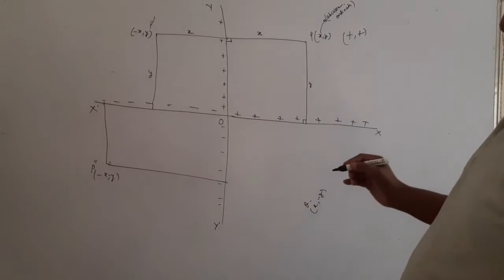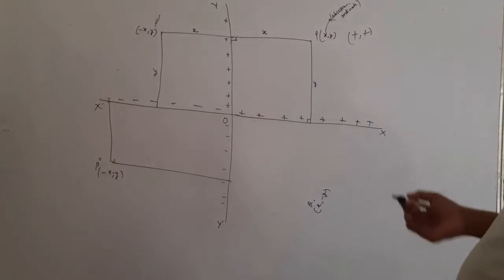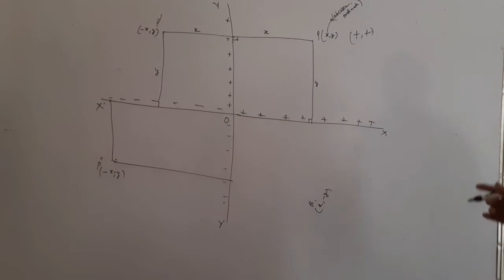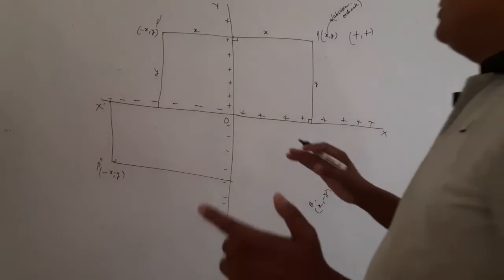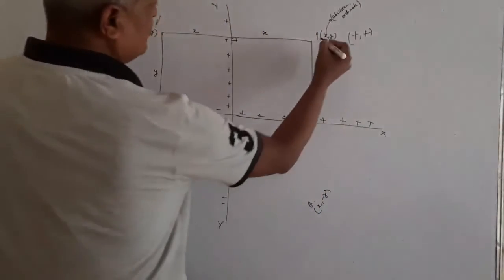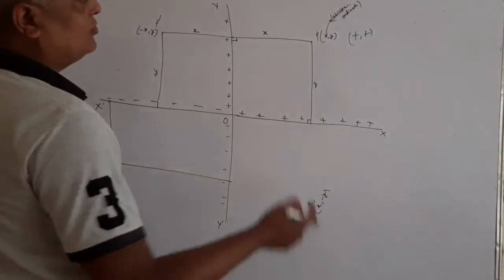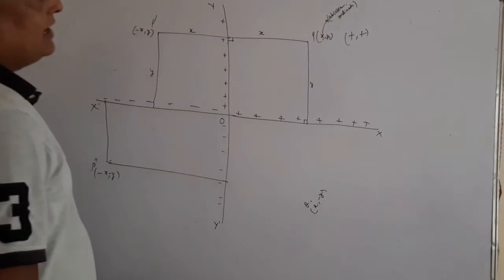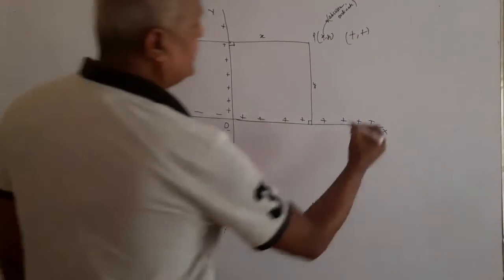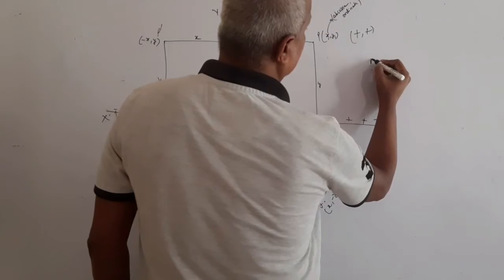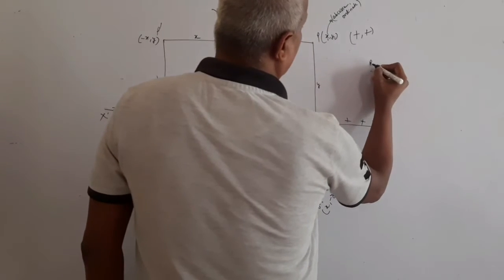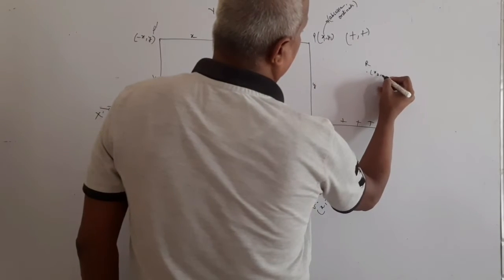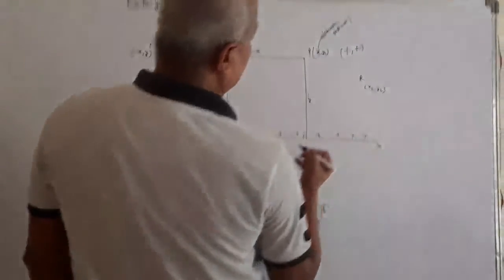Now suppose there are two points and we are interested in finding the distance between them. I change my notation and make this point (x1, y1), and then I have another point here whose coordinate is R (x2, y2).